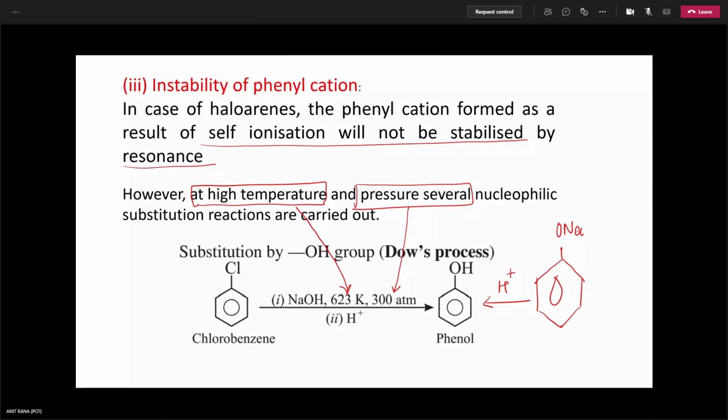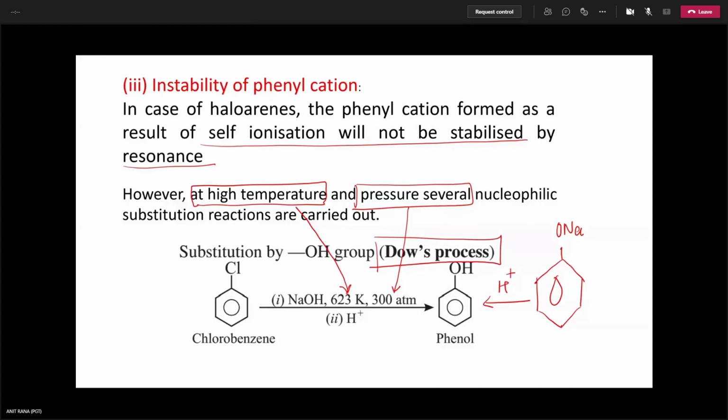And this process we call the Dow process. When you treat chlorobenzene with sodium hydroxide at 623 Kelvin and 300 atmosphere pressure, followed by acidification, it gives phenol.